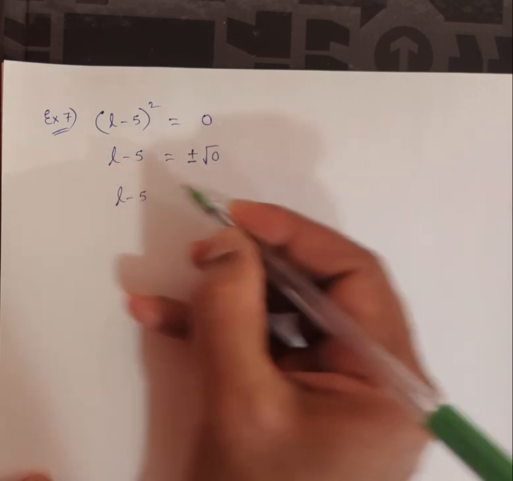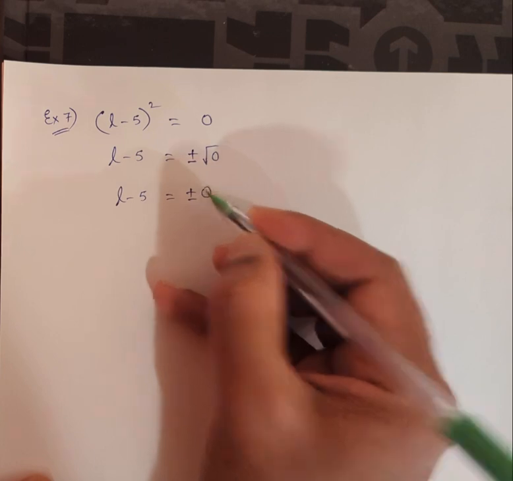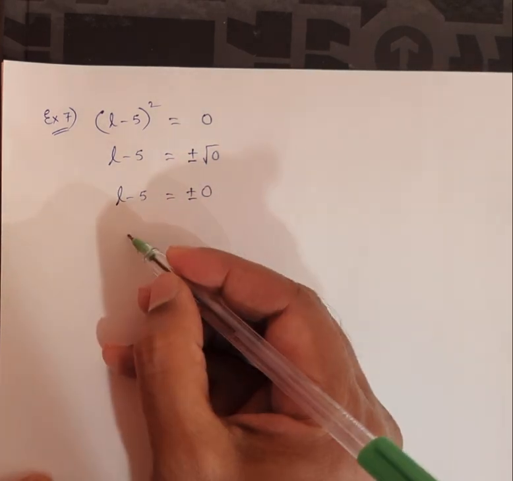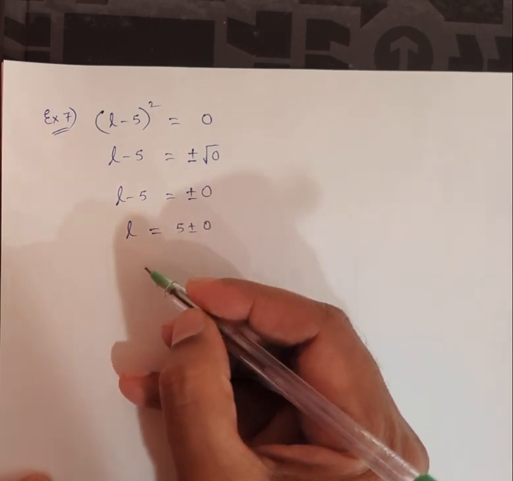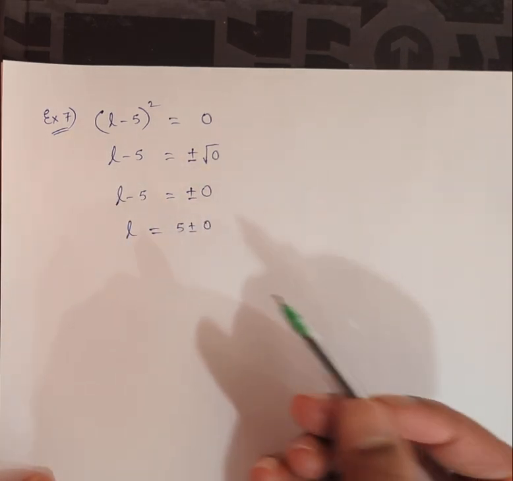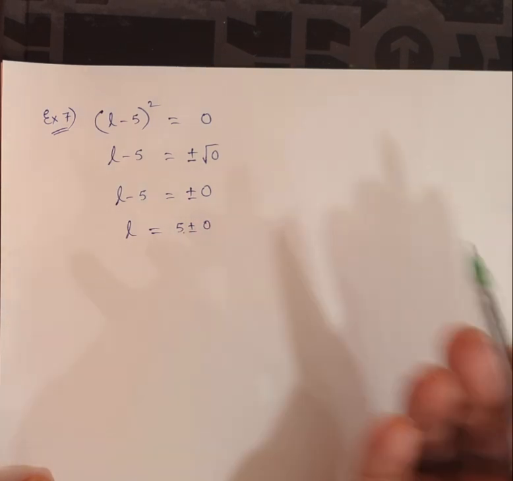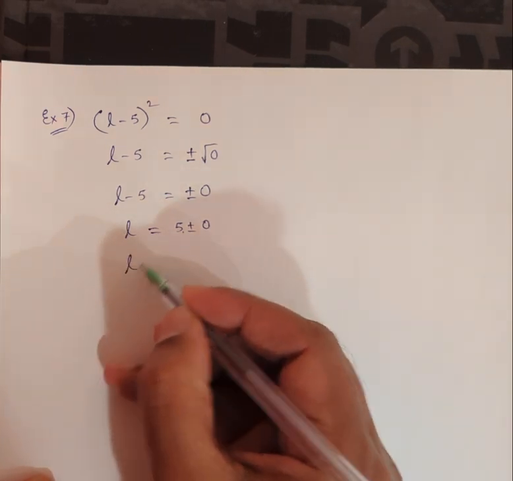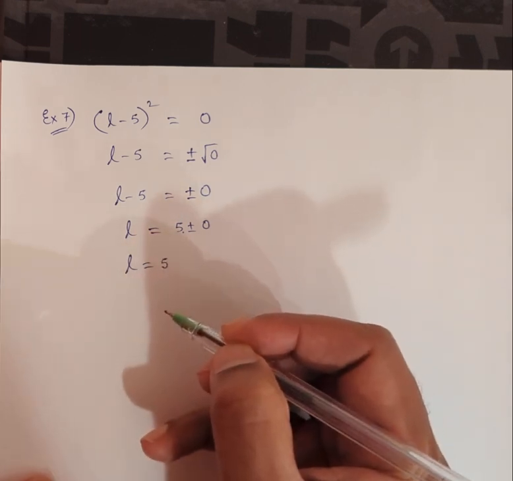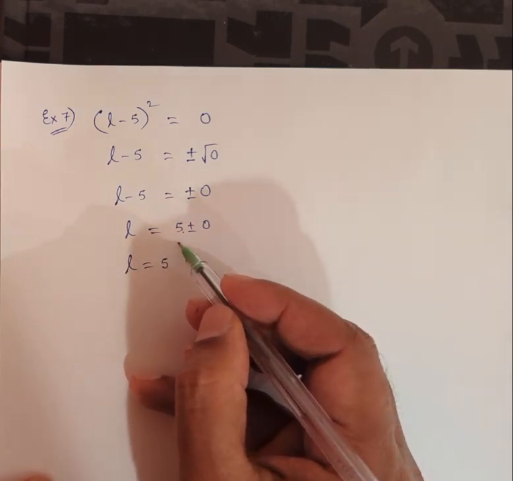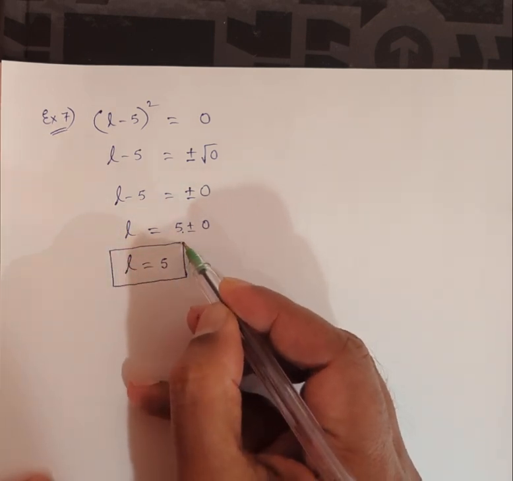So L minus 5 equals plus or minus square root of 0 is just 0. So if I add 5 on both sides, I get L equals 5 plus or minus 0, which means it looks like I will have two answers, but one is 5 plus 0, the other is 5 minus 0. So it so happens that for L, there's only one answer. L equals 5.